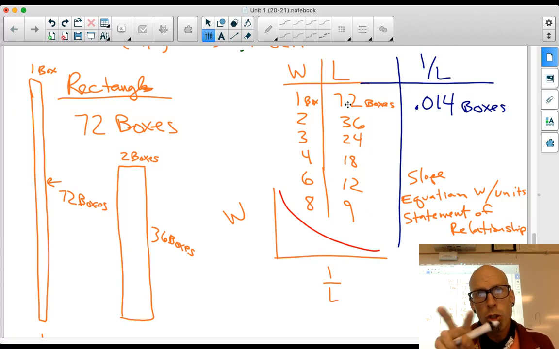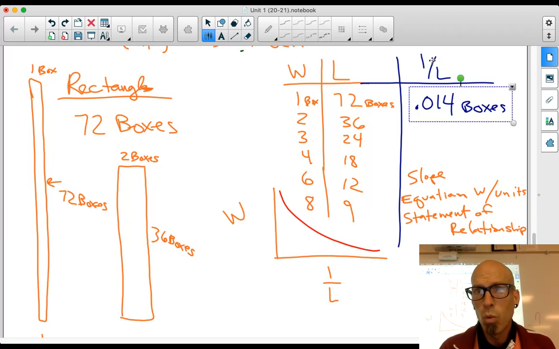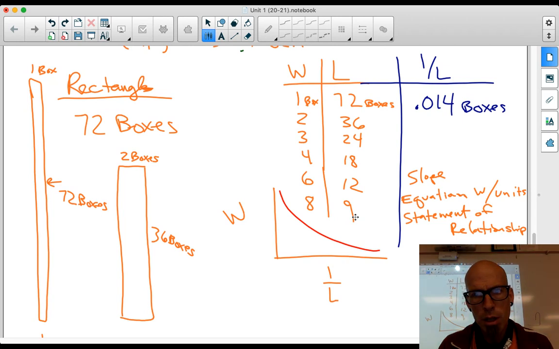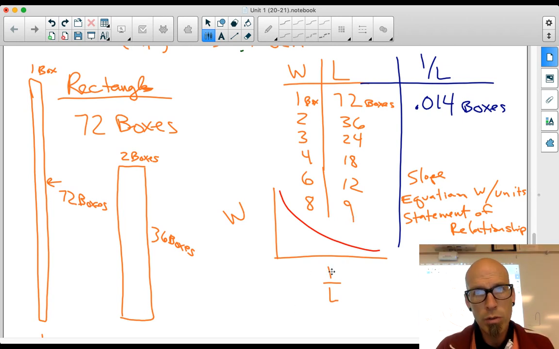You could go maybe 2 boxes for every hundredth to get you across, because your largest 1 over L value is going to be what? Well, 1 over 9, which is 0.11 repeating. So you have to get up to about a tenth. So those are small values, but that's what's going to go on your 1 over L axis.